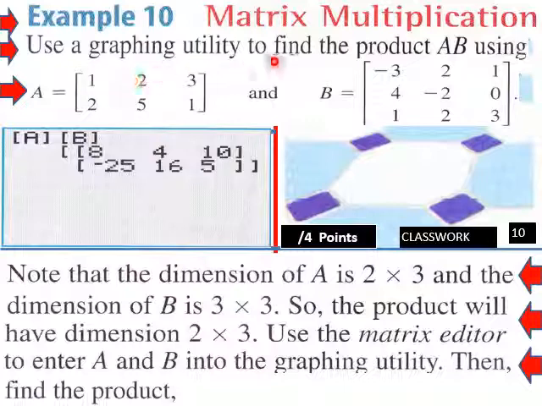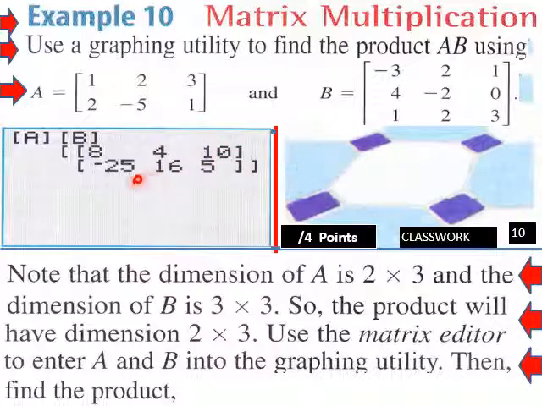So a 1 times negative 3 plus a 2 times 4 plus a 3 times 1 will give us 8. And then a 1 times 2, and then a 2 times negative 2, and then a 3 times 2 will give us a 4. And then a 1 times 1 plus a 2 times 0 plus a 3 times 3 will give us a 10 here.